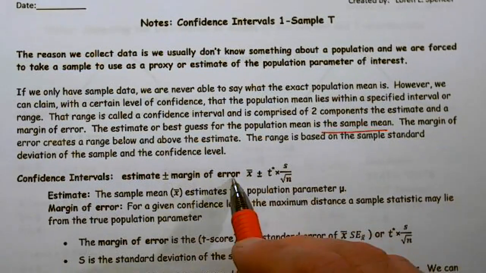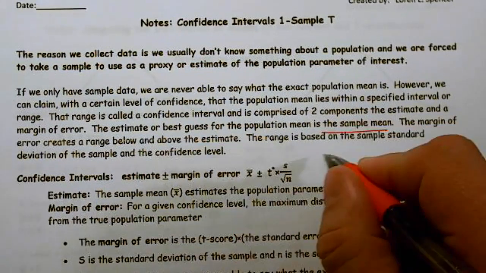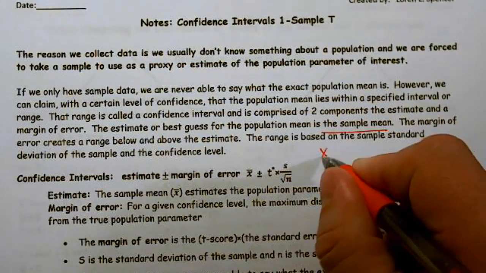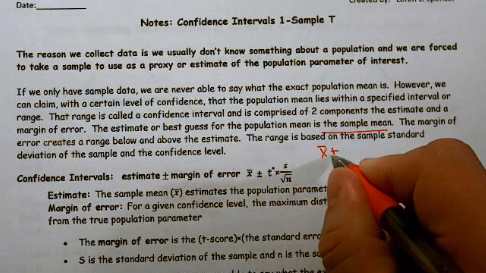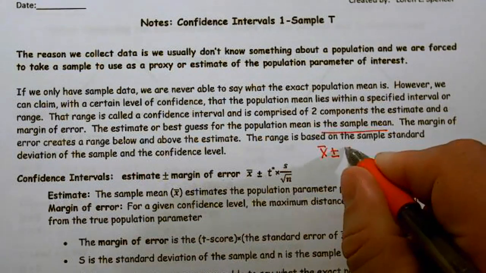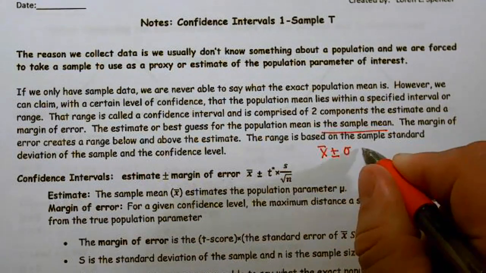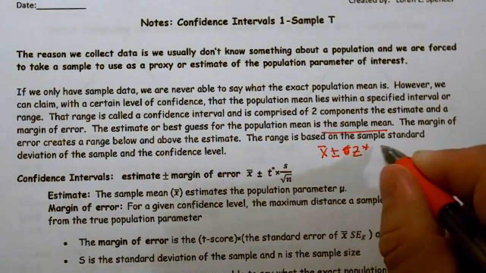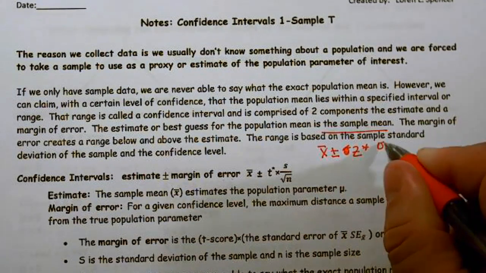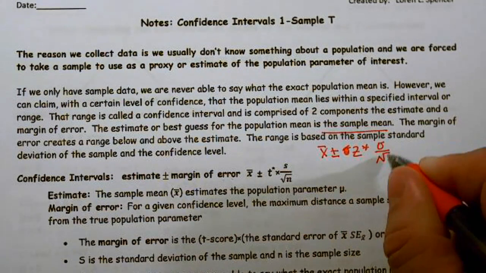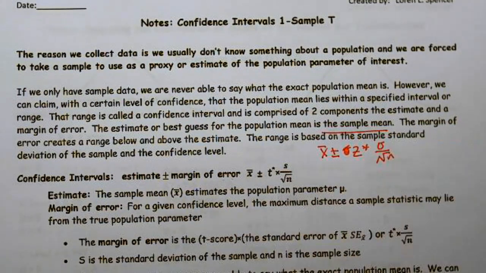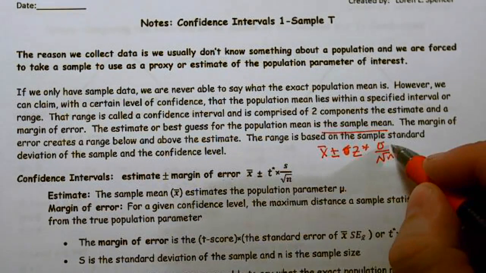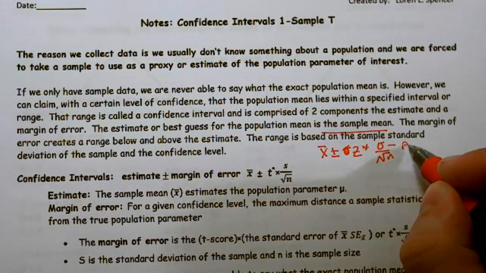So when we're working with the Z distribution, we were working with a formula that looked like this: our sample mean plus or minus some Z star times the population standard deviation divided by the square root of n. So that's what we were working with before, but here we had the population standard deviation.